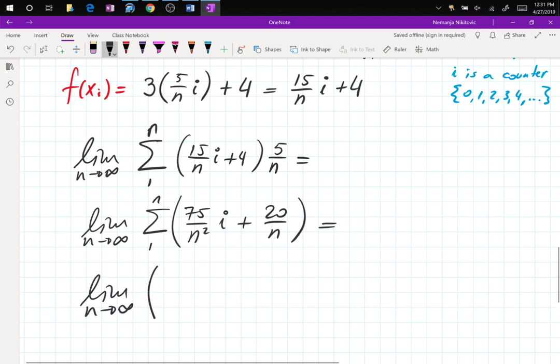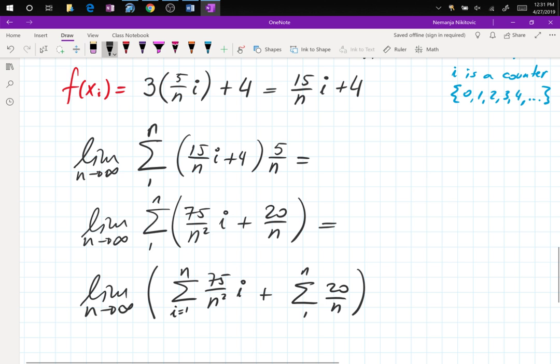So now you have to put parentheses there: summation of 75 over n squared times I, where I goes from 1 to n, plus summation of 20 over n from 1 to n on the second one.